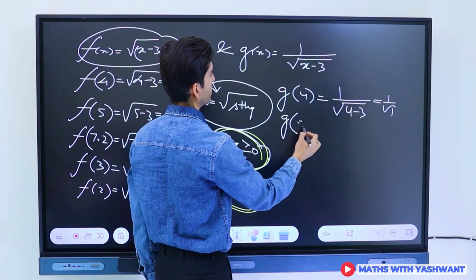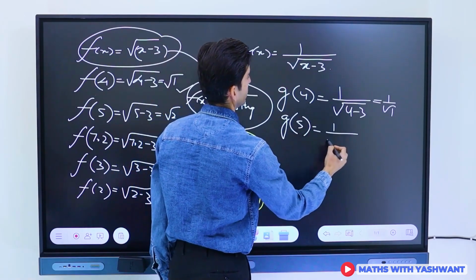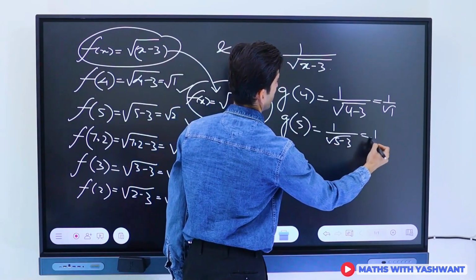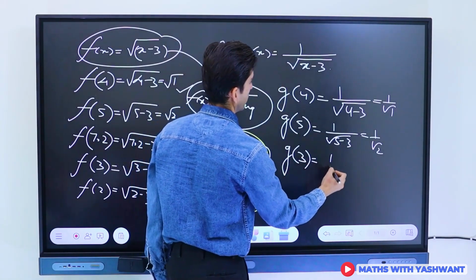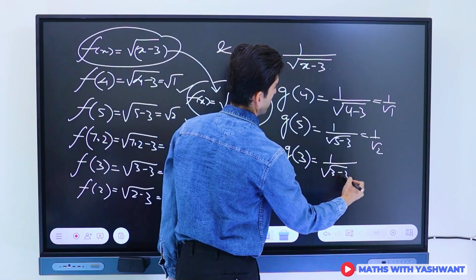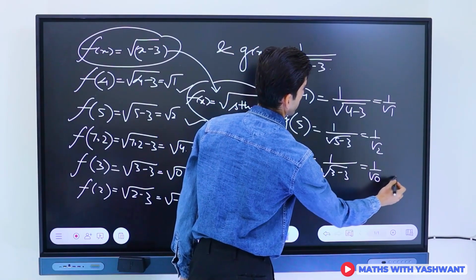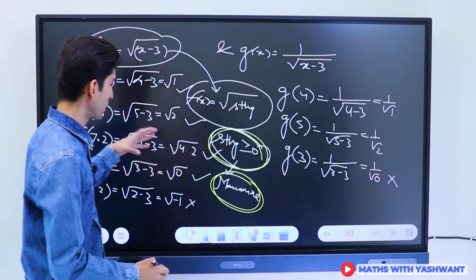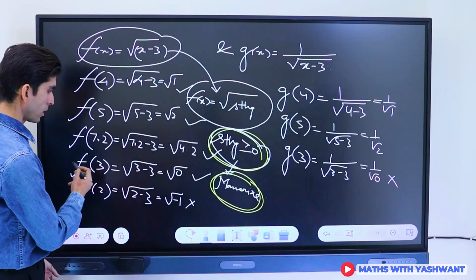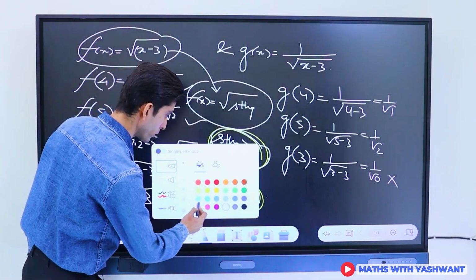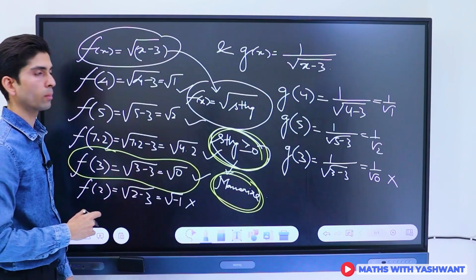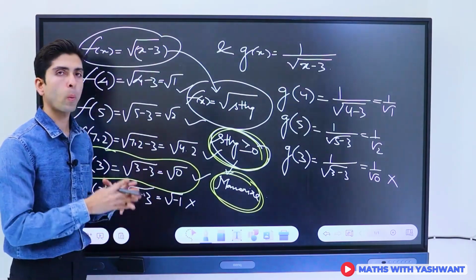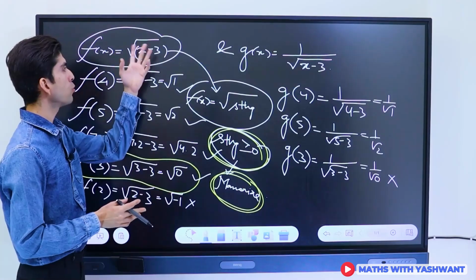If I take x as 5, that is defined. Now, if I take x as 3, it is not defined. But here, I want to recall for you, it is defined when we take x is equal to 3, because in this situation the square root function was in the numerator.